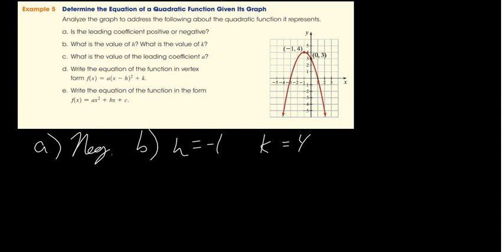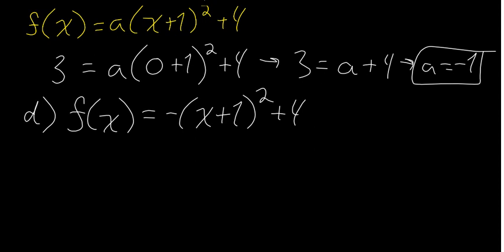It could have been a negative 4. That's why I had to figure out what the value of a was. It just so happens that in this particular case, a was negative 1, which makes it look like it's just negative. But it could have been negative 4, negative 2. It could have been negative anything. Just the fact that it's negative. Did that help?